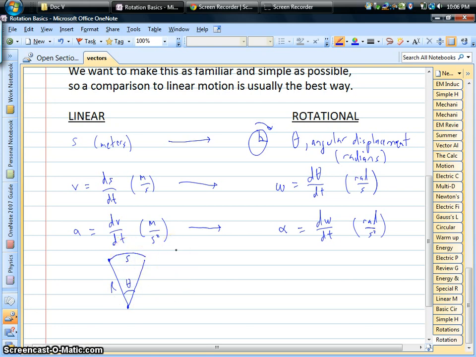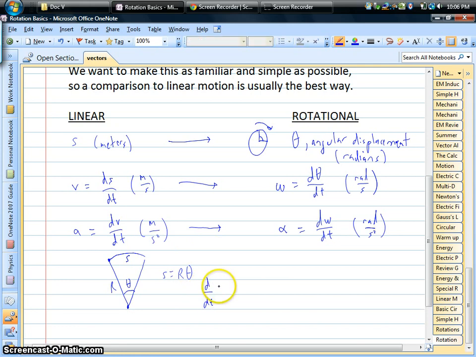The actual distance in meters that you travel along that arc is the arc length. And as long as you're measuring your angle in radians, there's a connection between the linear distance and the angular displacement: s equals r theta.